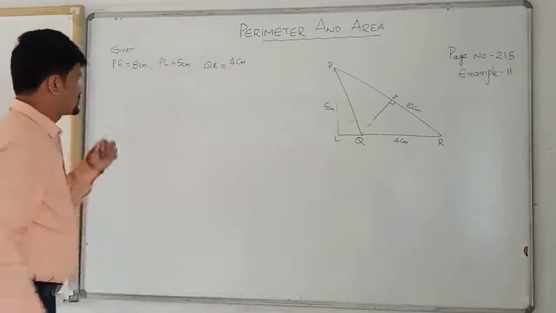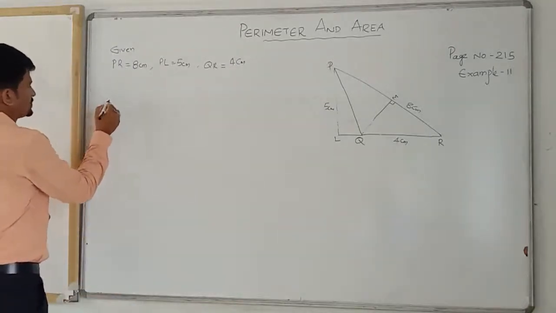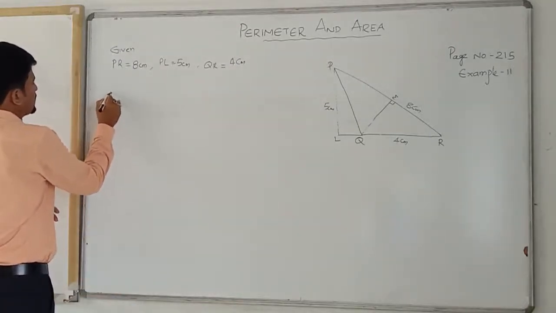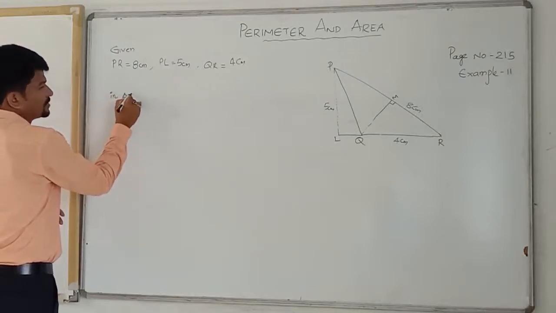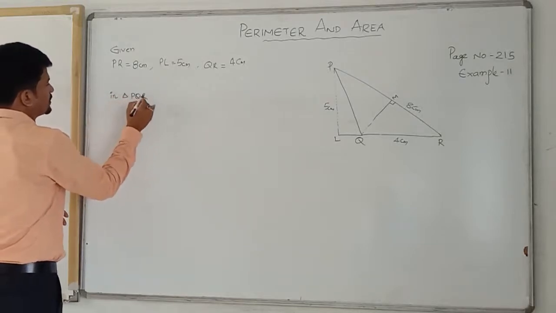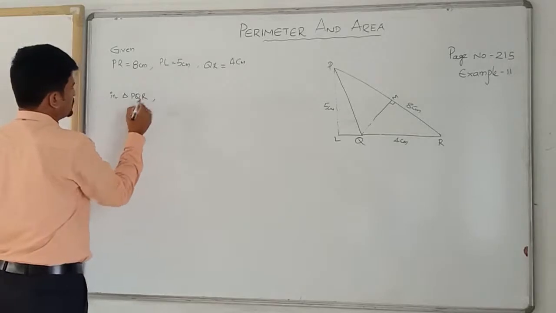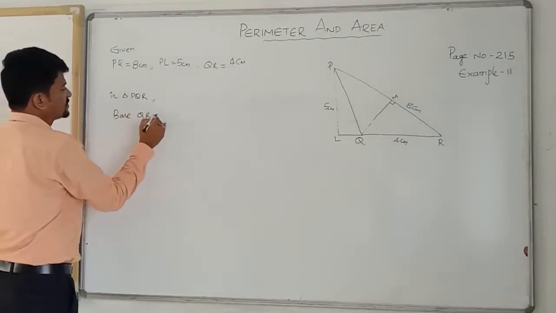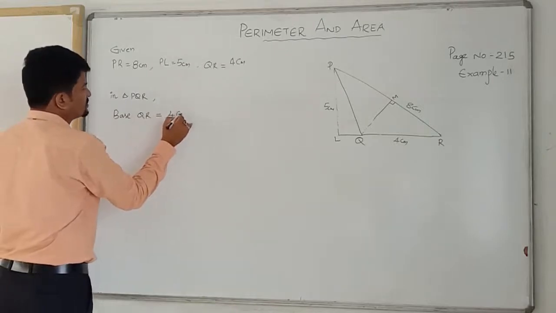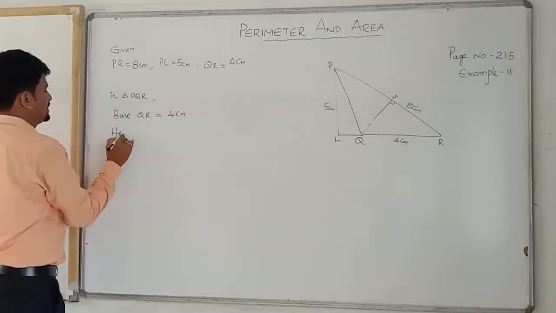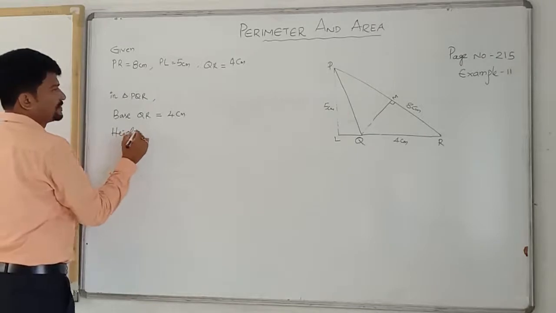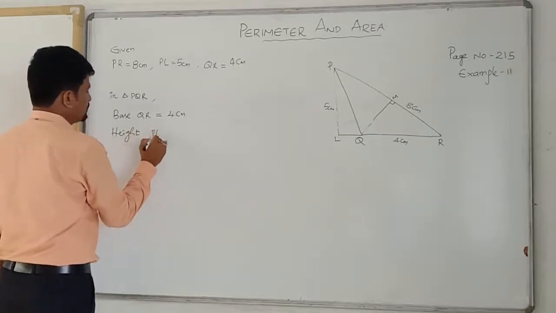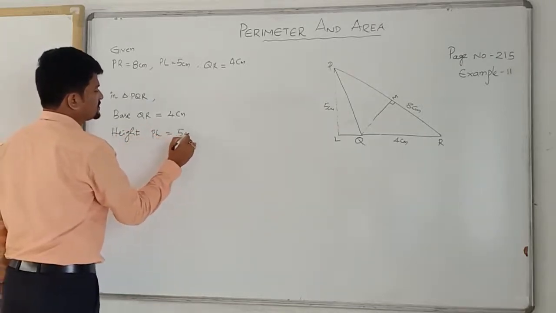Okay, first question. In triangle PQR, base QR is equal to 4 centimeters, height PL is equal to 5 centimeters.